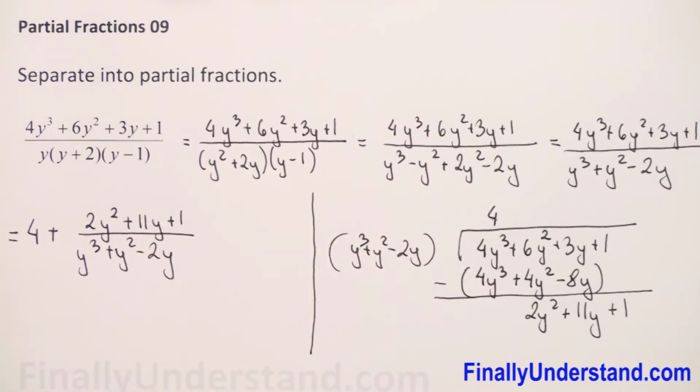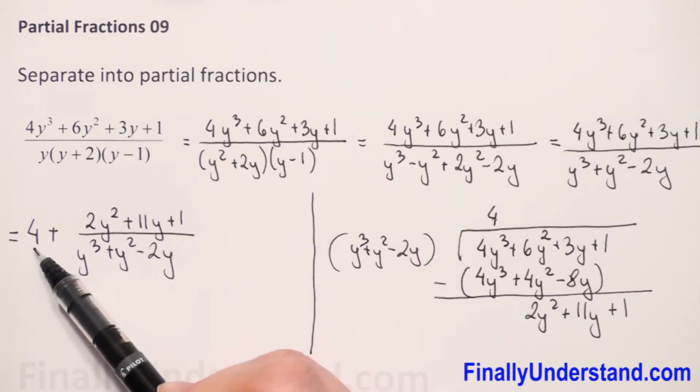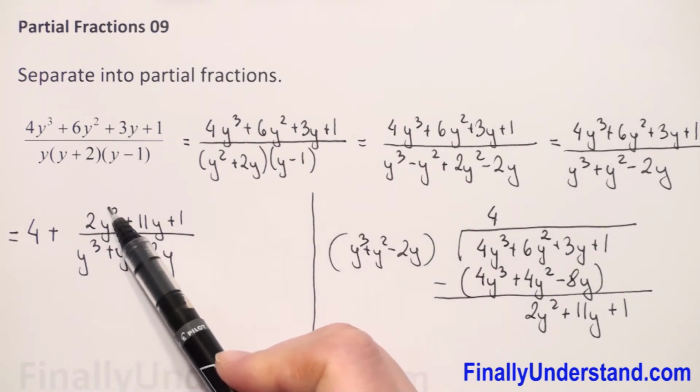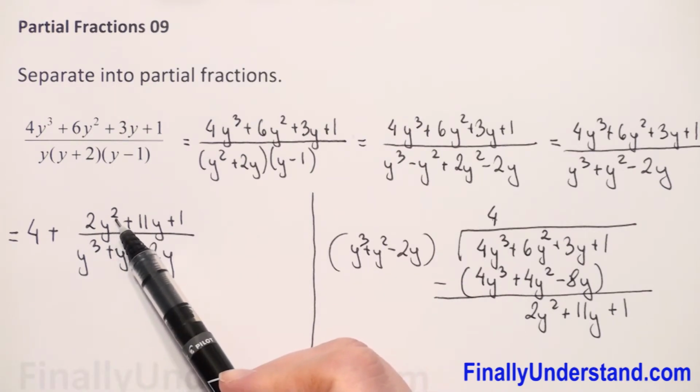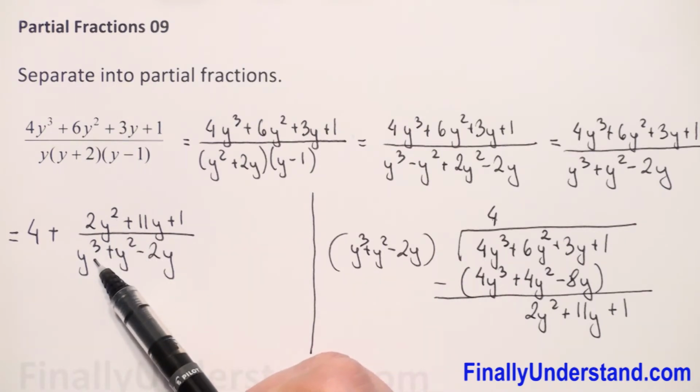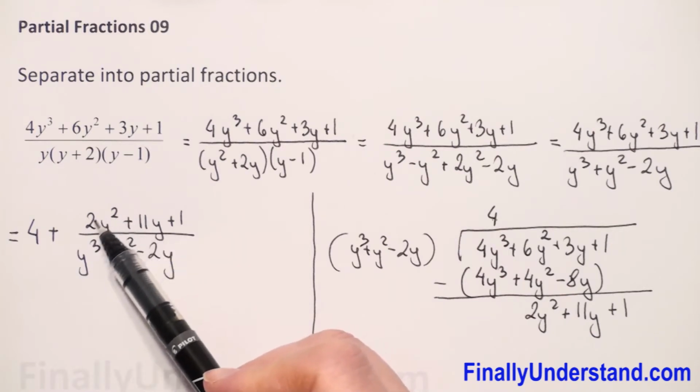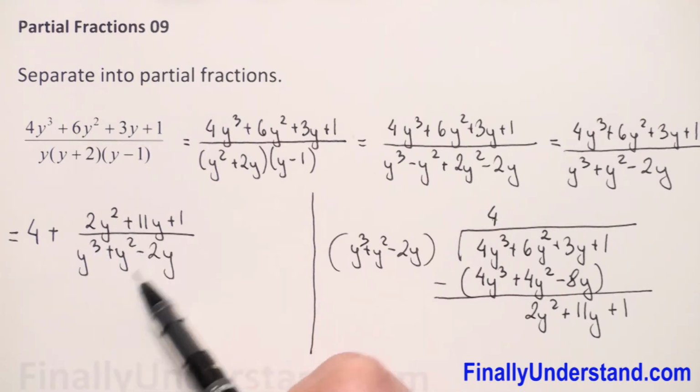And what now? Now we have left 4, and the next fraction has the power of the numerator less than the power of the denominator, so we will rewrite this fraction as a sum of partial fractions.